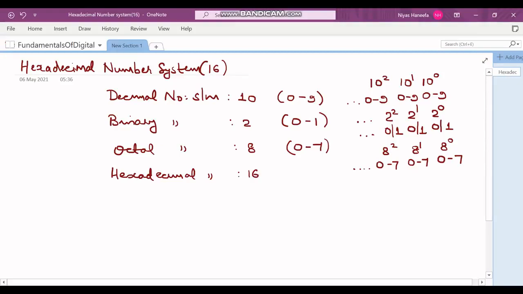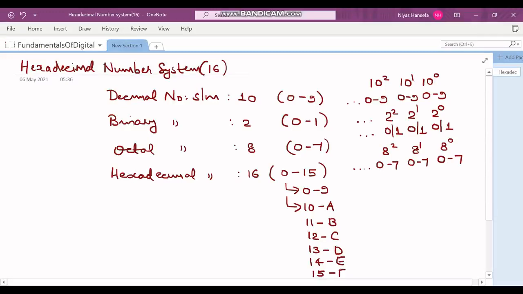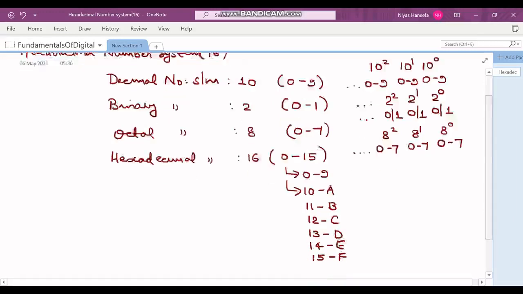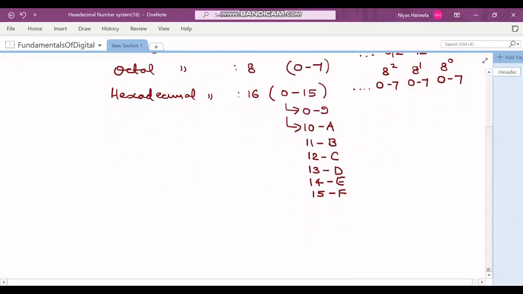So we'll have a total of 16 symbols, and actually the symbols used will be from 0 to 15, where 0 to 9 will be the same 0 to 9, and 10 will be denoted by A, 11 by B, 12 by C, 13 by D, 14 by E, and 15 by F. So these are the symbols used in the case of the hexadecimal number system.